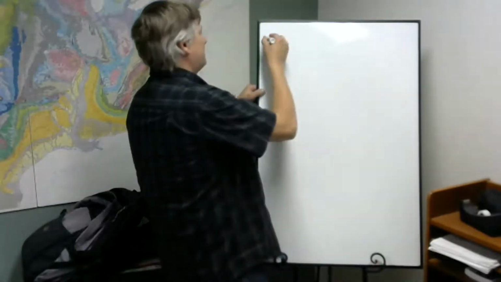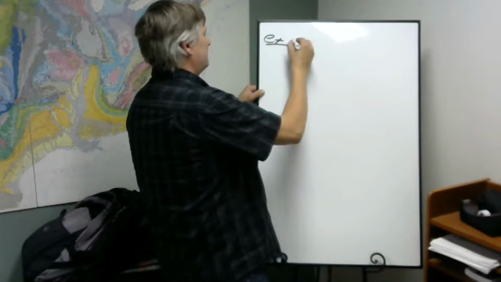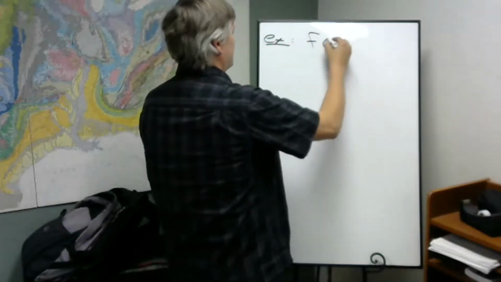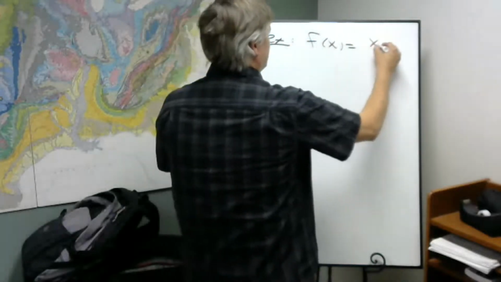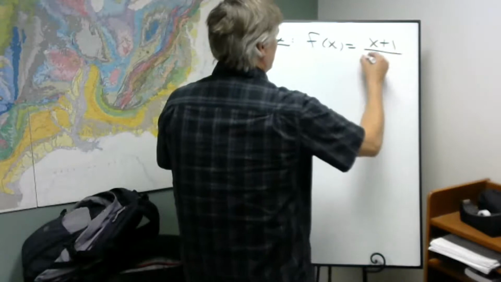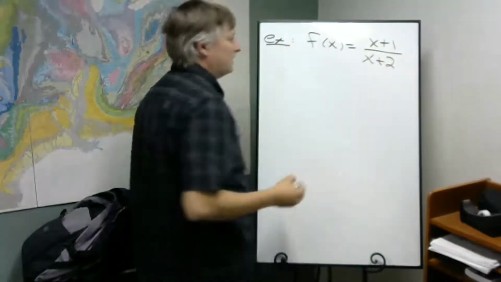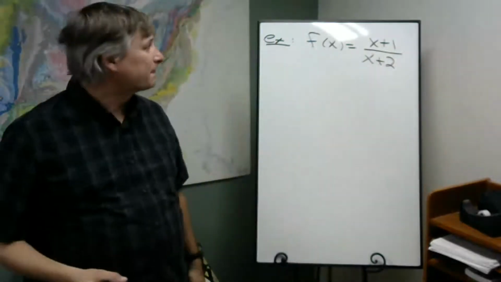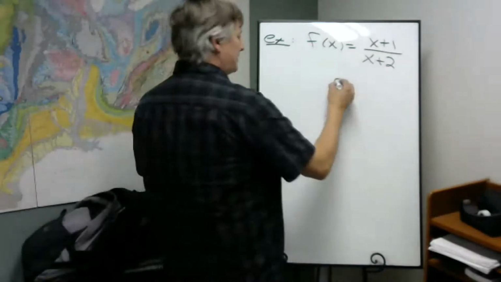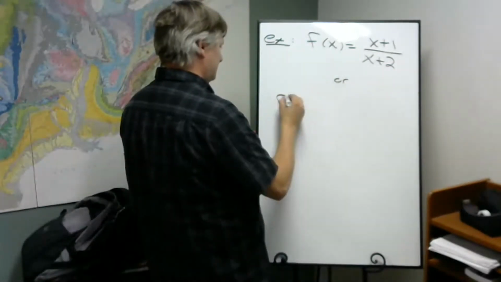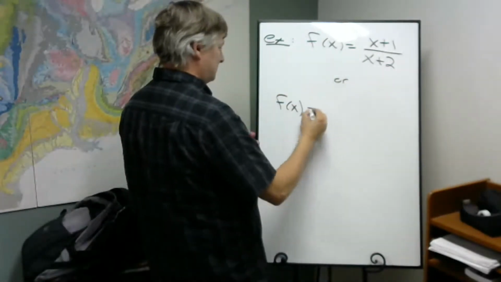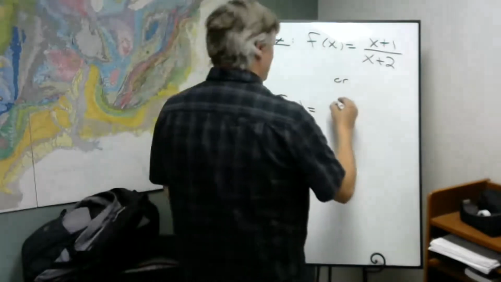So something like this. This would be a rational function. Or you could have something like this.